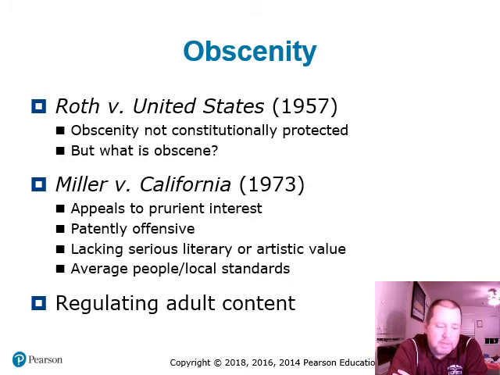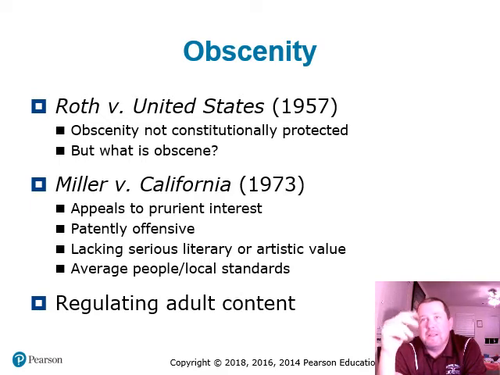And ultimately, once we get to Miller v. California, where, and I forget the justice's name, but basically it's about pornography, right? The justice is like, well, I can't define it, but I know it when I see it. How do you define obscene? I don't know how to define it, but I'll know it when I see it.